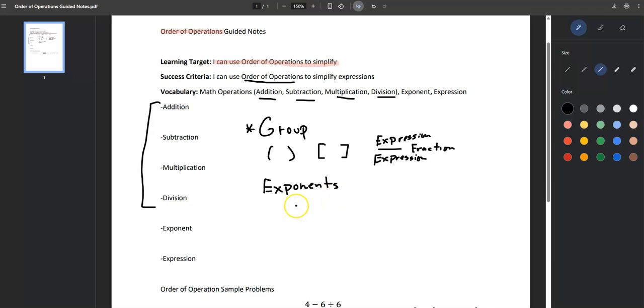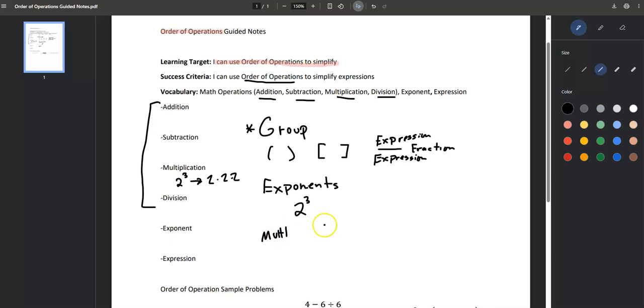For example, 2 to the third: the 3 is an exponent, and 2 to the third is really just 2 times 2 times 2. Once I simplify that within the expression, it becomes 8. Then I look for any multiplication.